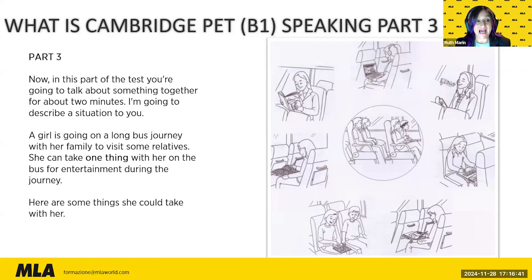In this case, a girl is going on a long bus journey with her family to visit some relatives. She can take one thing with her on the bus for entertainment during the journey. And here are some things she could take with her. Now they have to decide what they would take and what they think she would take.